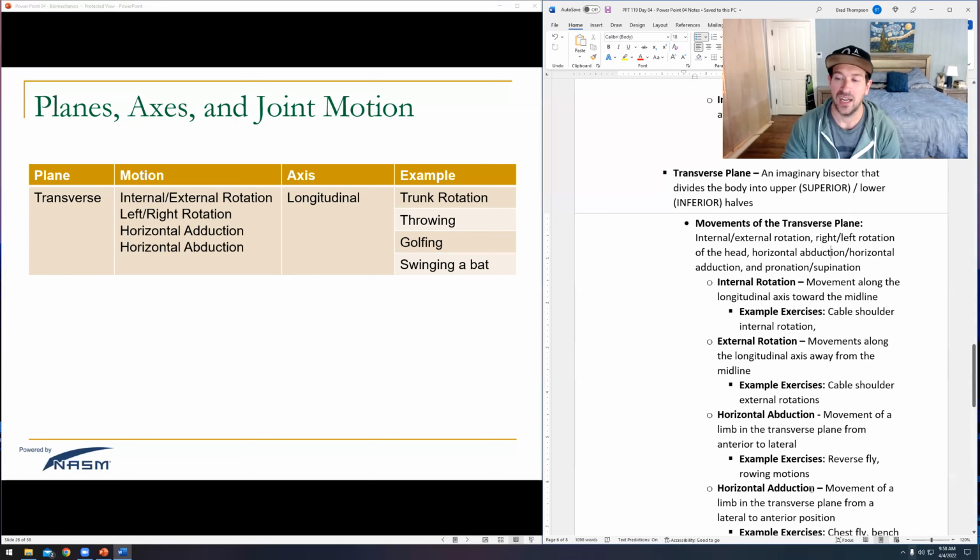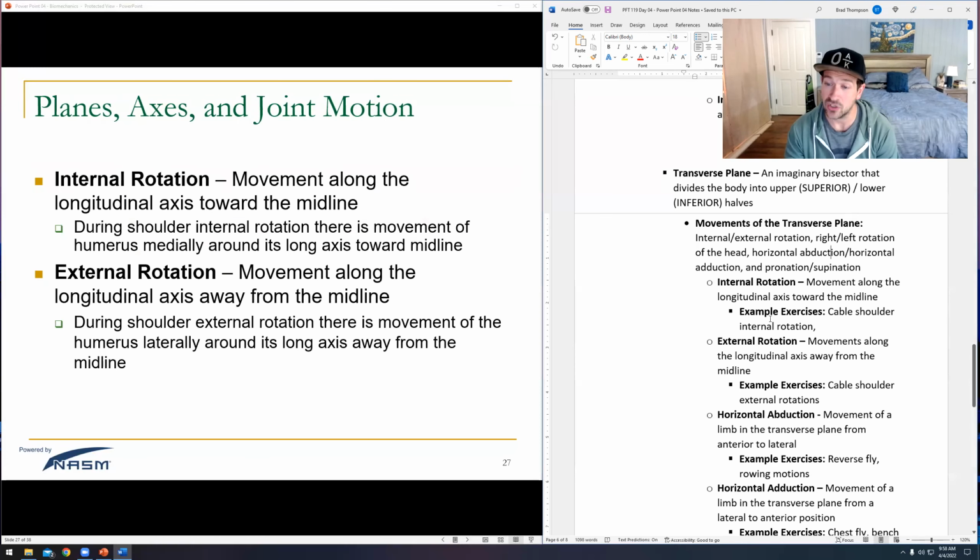Yeah, let's go ahead and go through. So internal rotation is movement along the longitudinal axis. It's twisty movement towards the midline. So again, if I take my wrist from the anatomic position, which would be palm facing forward, because normally my arm would be at my side, and I twist it away from my midline, that's going to be external rotation.